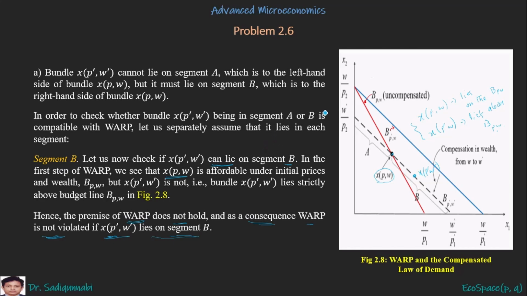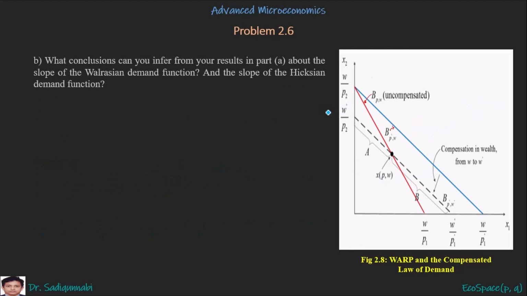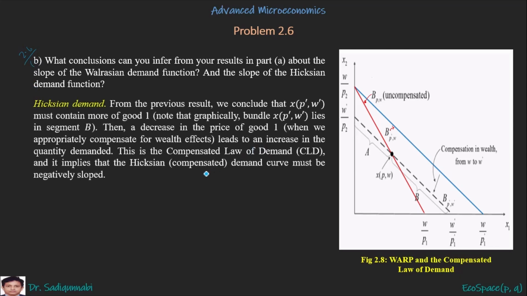Now 2.6 part B. It says, what conclusion can we infer from the result in part A about the slope of the Walrasian demand function and the slope of the Hicksian demand function.